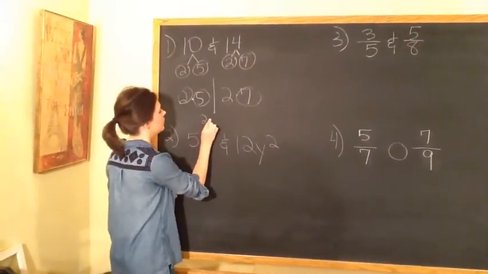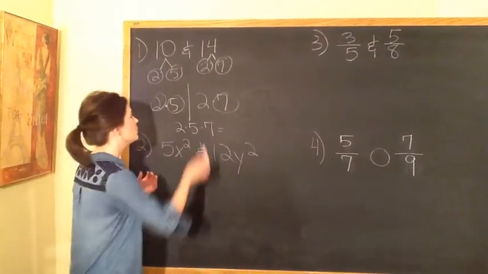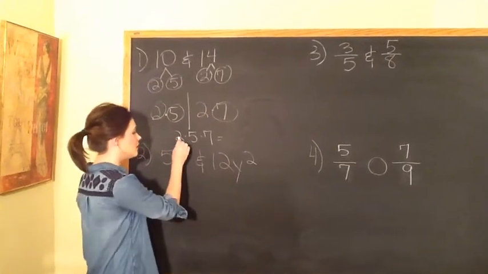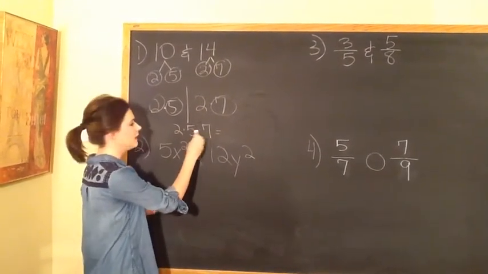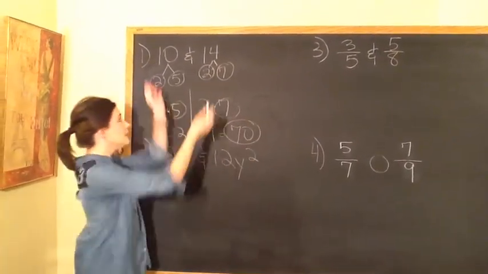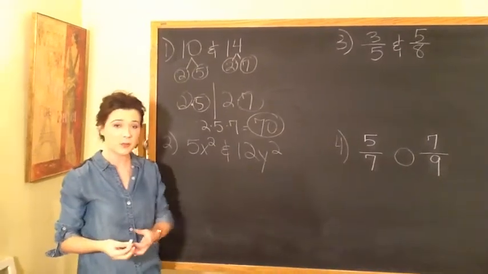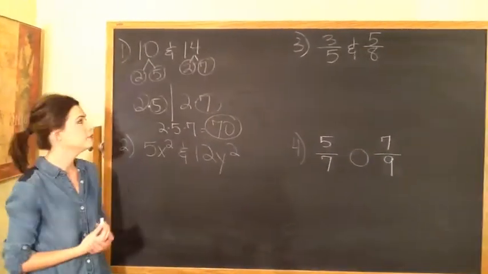So we do 2 times 5 times 7. Alright, so our least common multiple of 10 and 14 would be 2 times 5 times 7. Now 2 times 5 is 10, times 7 gives you 70. So the least common multiple between these two numbers, the smallest number that they both have in common, is 70. Alright, let's go ahead and move on.